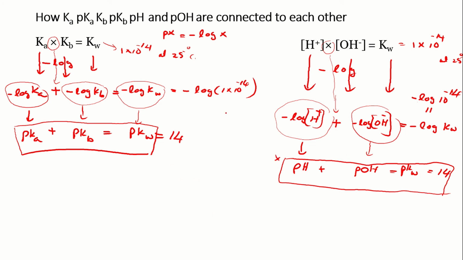Now all these numbers are given at 25 degrees Celsius. Why? These equilibrium constants depend on the temperature. So it is important to note the temperature. If the temperature is not specifically given, we always assume things are taking place at 25 degrees Celsius.